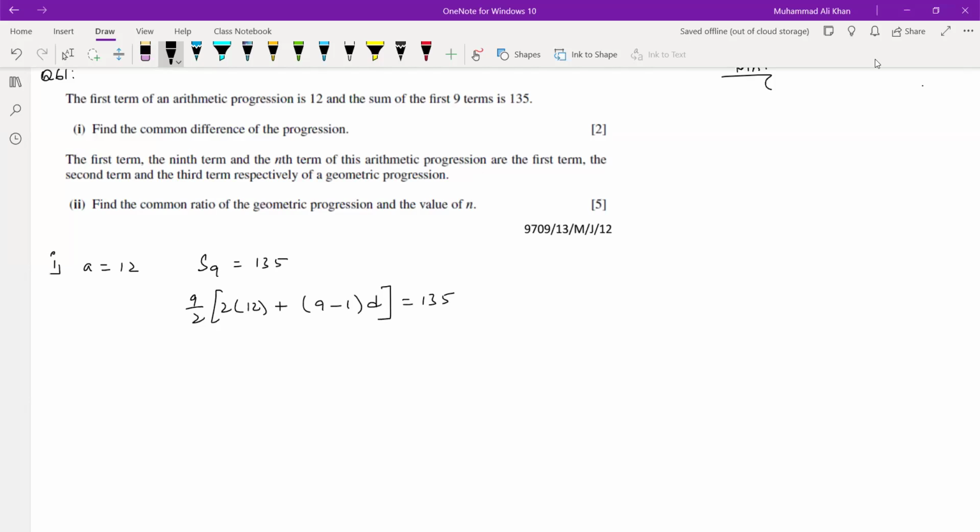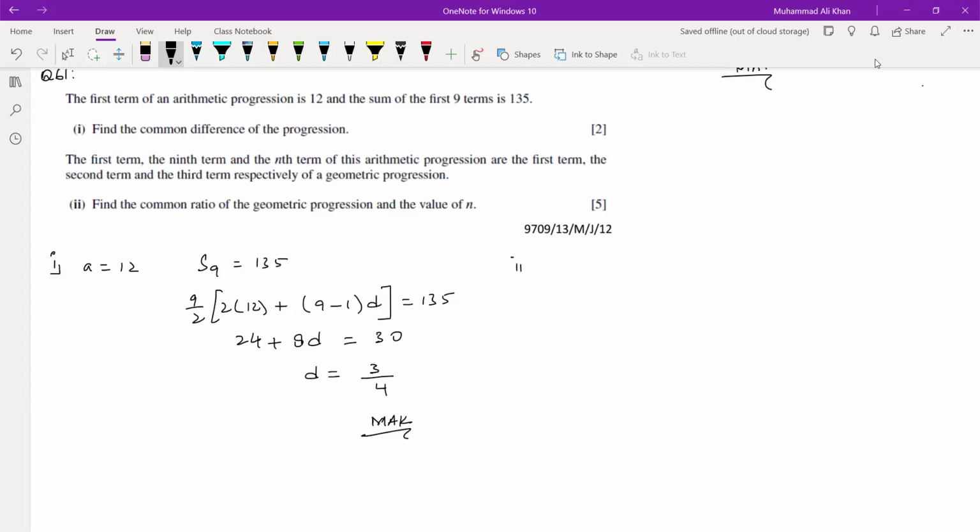So now 135 multiplied by 2 divided by 9. What is this? 30. So what is the value of D? 3 upon 4. The value of the common difference is 3 over 4. Clear?